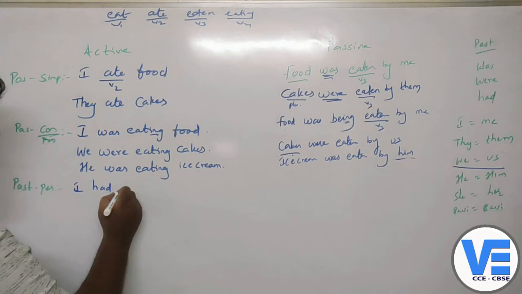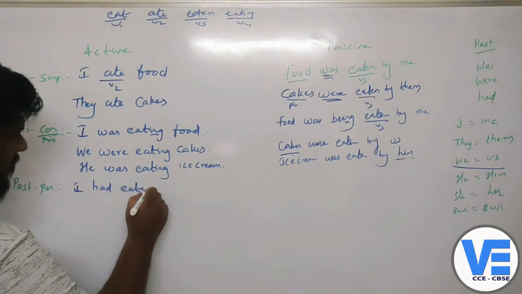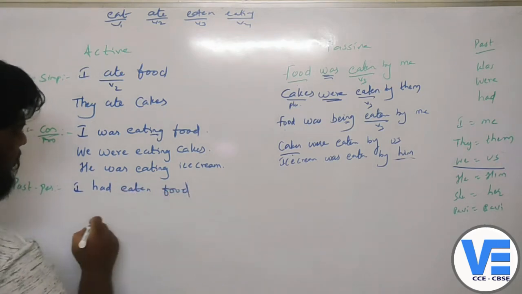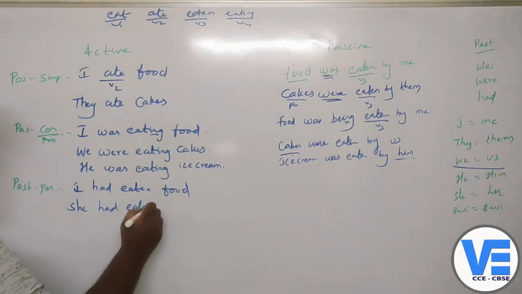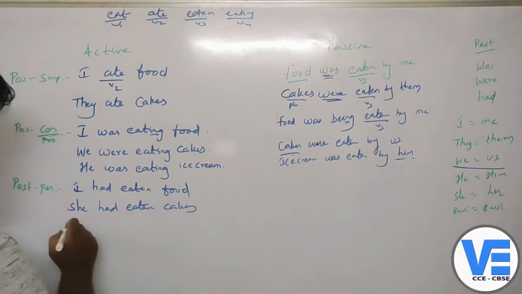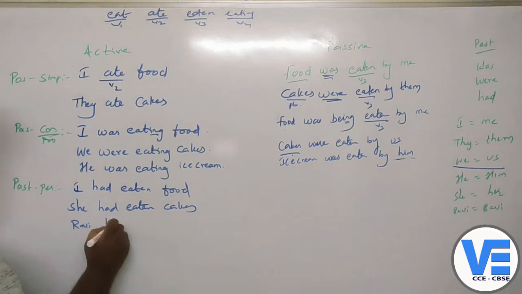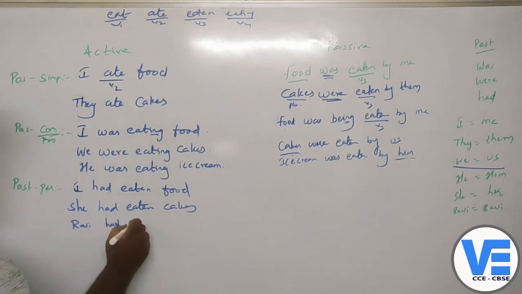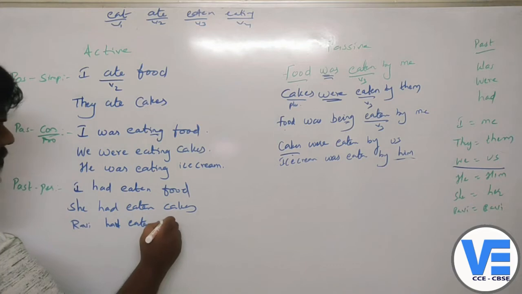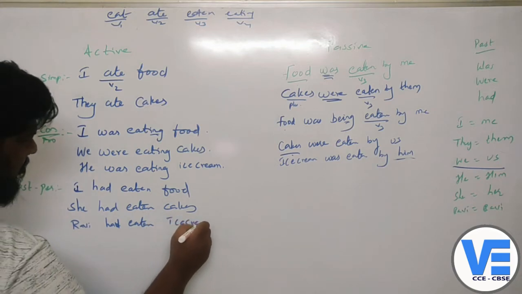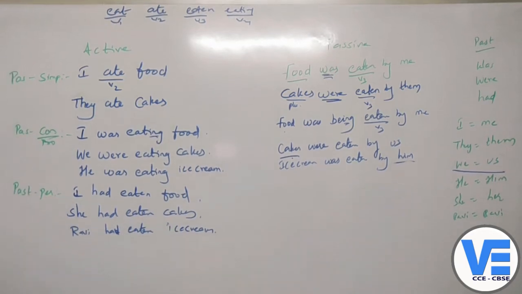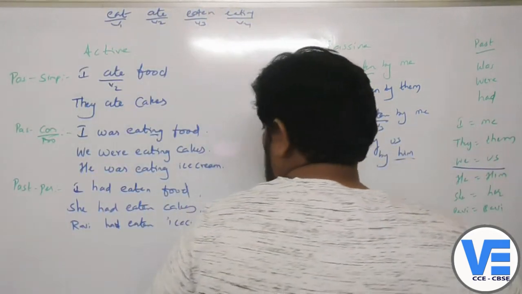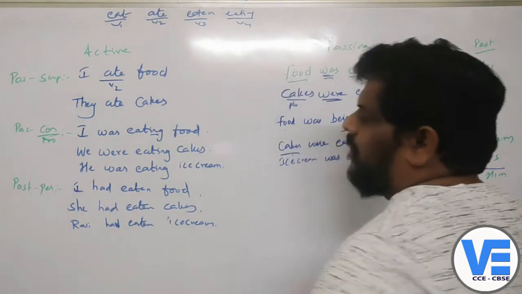I had eaten food. She had eaten cakes. Ravi had eaten ice cream. There is also no much change here because all these 3 are in the past tense.